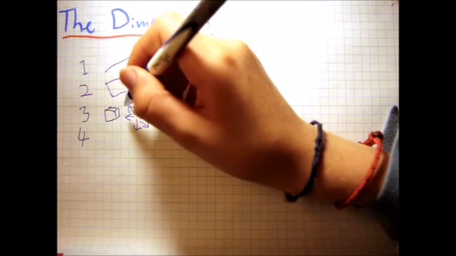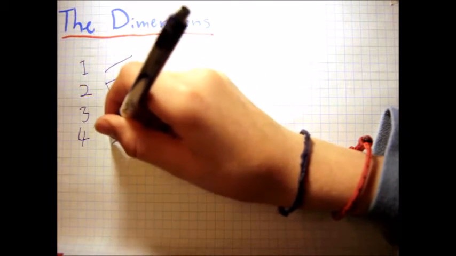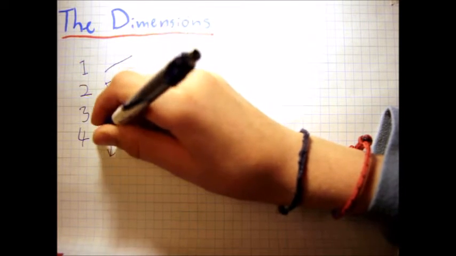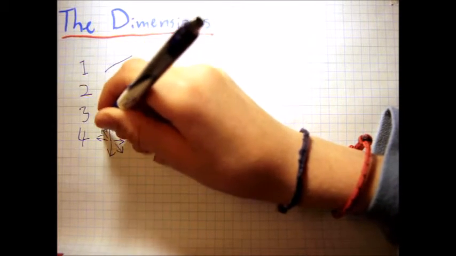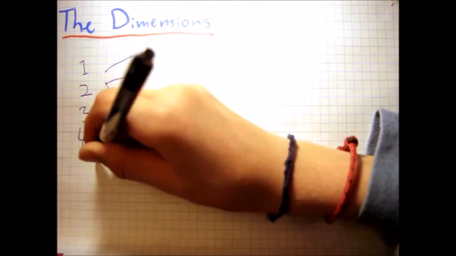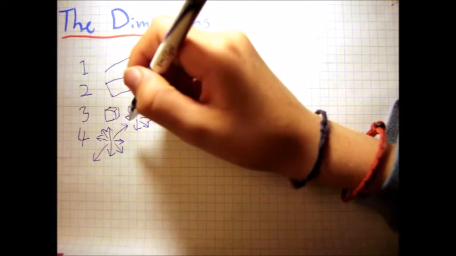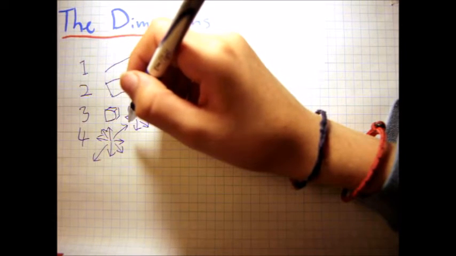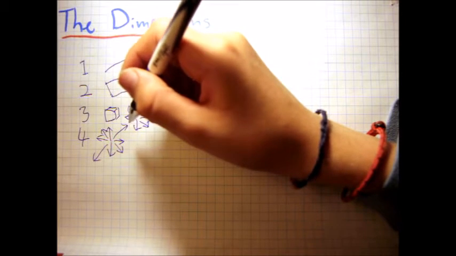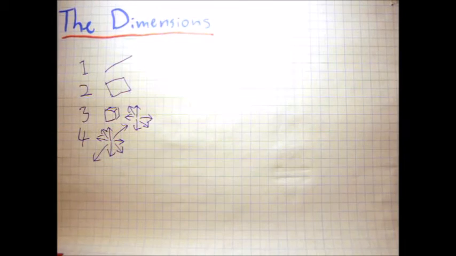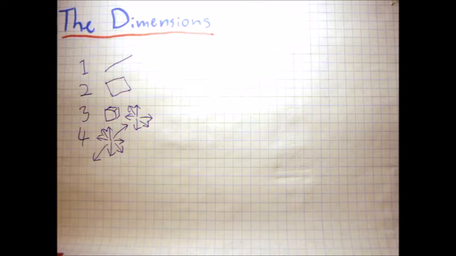A four-dimensional object can move up, down, left, right, forwards and backwards through time. So a four-dimensional person could time travel whenever they wanted. Those are four of the about 11 dimensions, but I'm not going to explain all of them right now because, as it happens, this video is not all about dimensions.